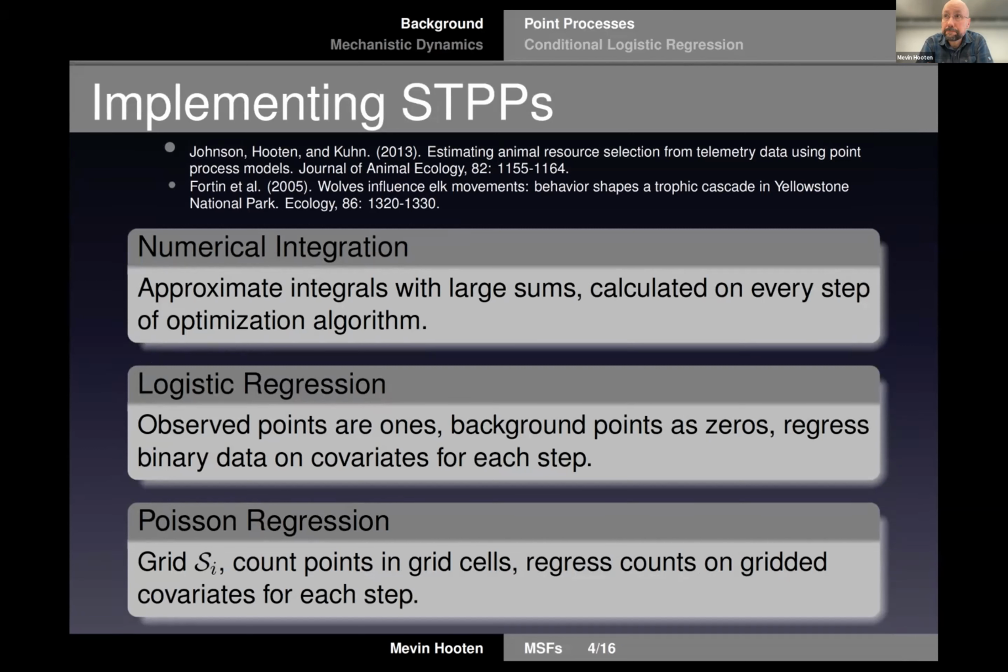But basically, you would think about your positions where you observed the individual in time and denote those by ones, and then you would augment the data set with a large number of zeros. If it's a dynamic spatial point process like this one, you would augment each time step with a set of zeros.